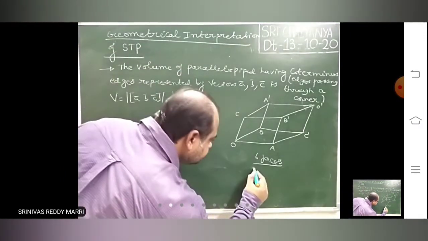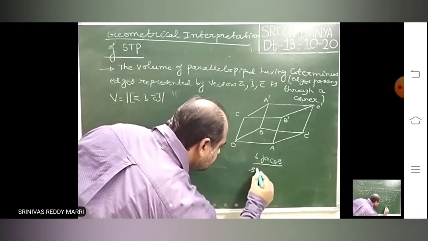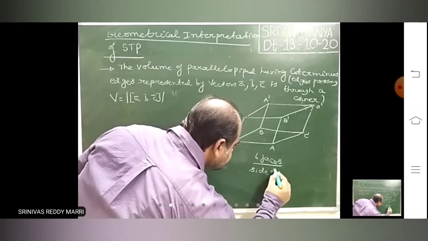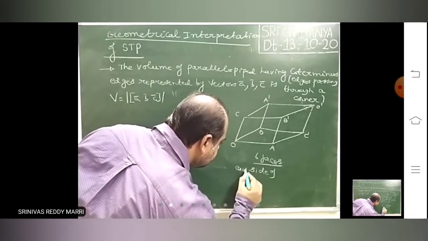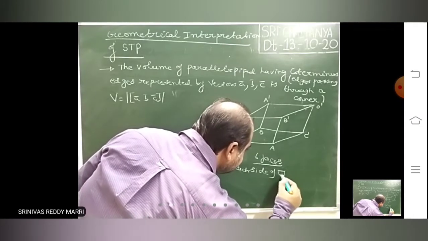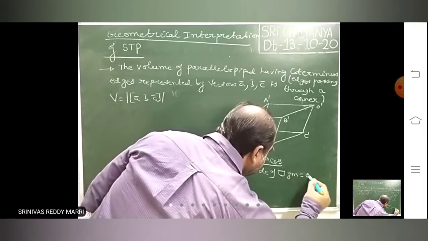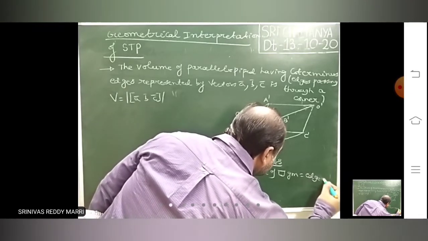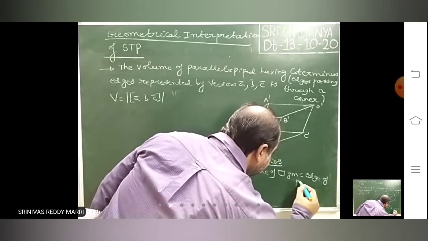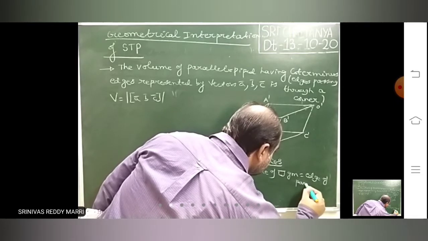In this chapter, each side of a parallelogram is called an edge, an edge of the parallelepiped.